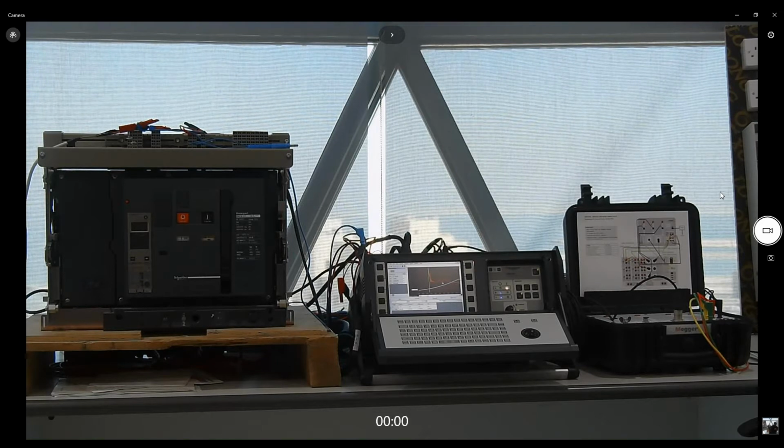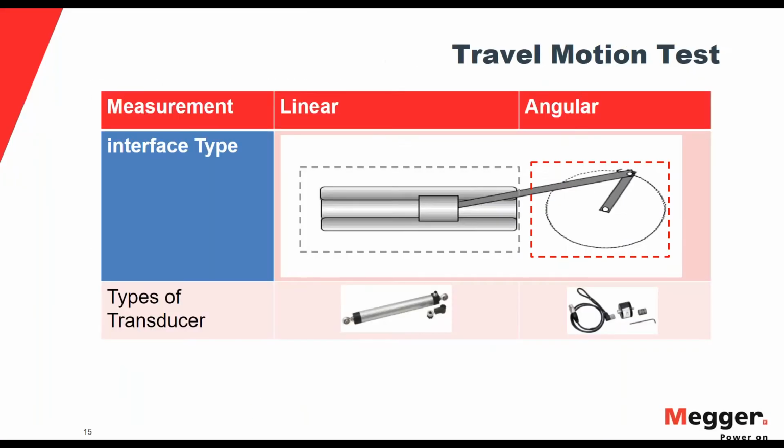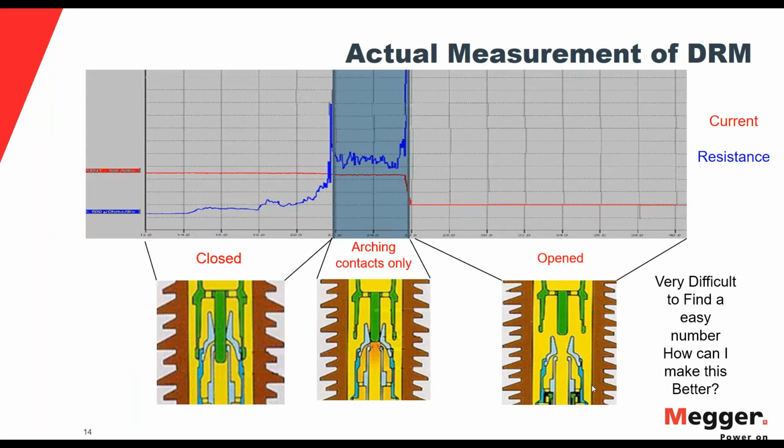Another question I'm having here is, is it necessary to connect the motion transducer to the circuit breaker when conducting a DRM test? Yes, it is very, very necessary to do that. And as I mentioned earlier, from this slide, doing this test only, you are not benefiting anything. You already know the SRM or the normal contact resistance measurement.